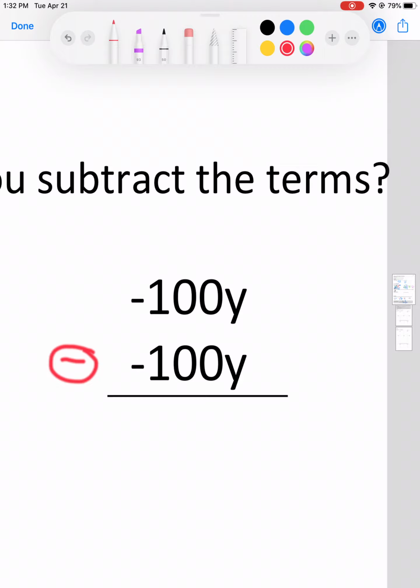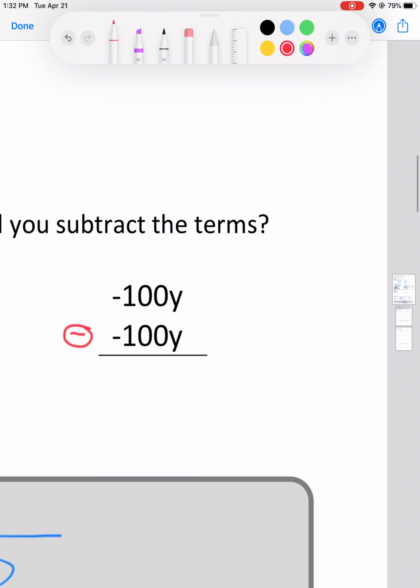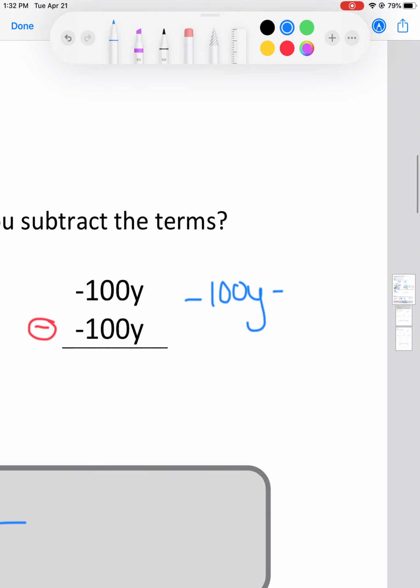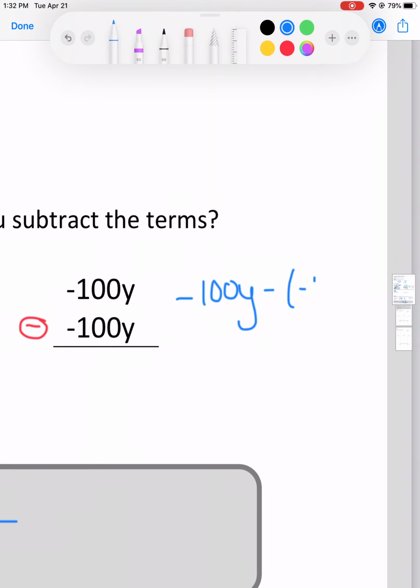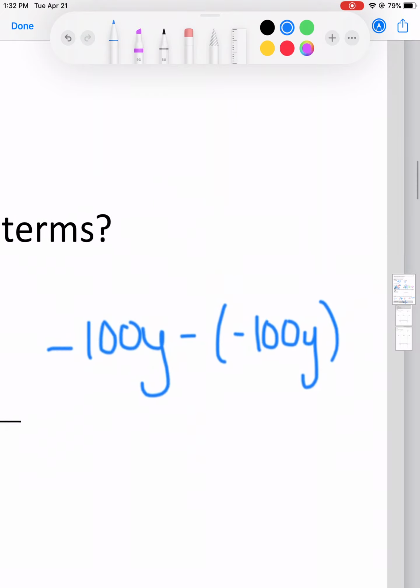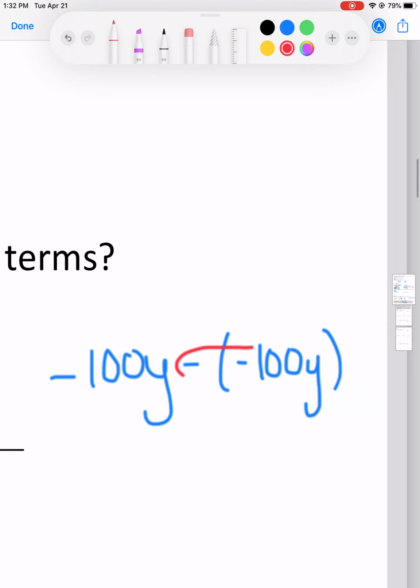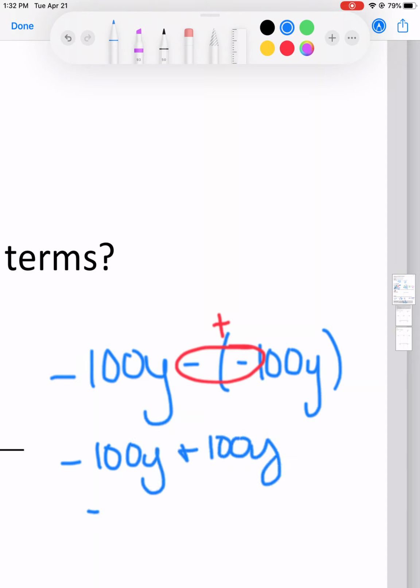Well, again, if you lay it out straight, which you can if you want, negative 100y, subtract negative 100y. Well, two negatives make a positive. So, negative 100y plus 100y is 0.